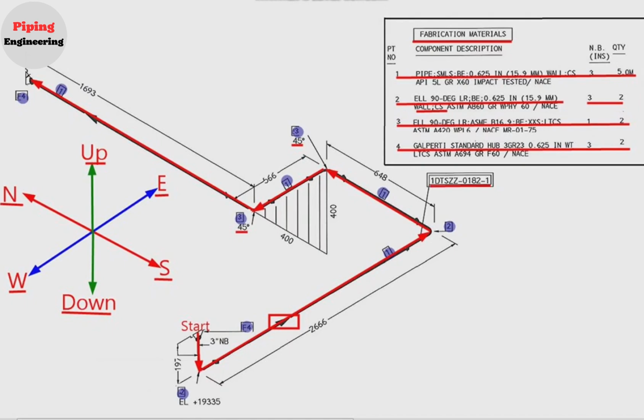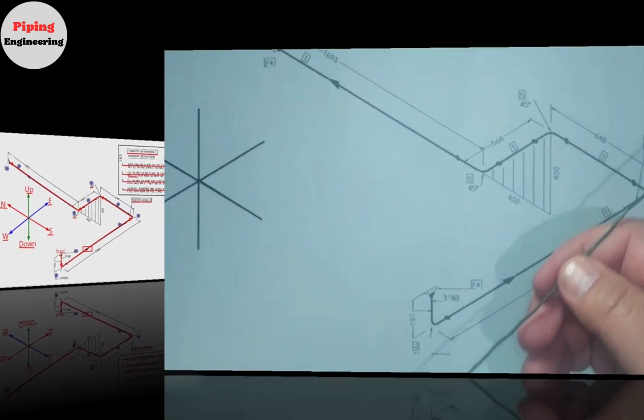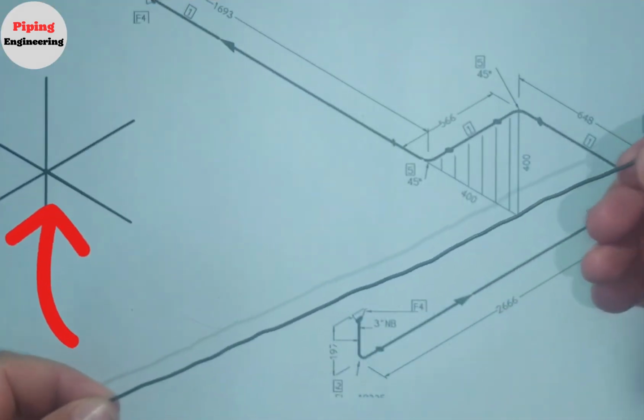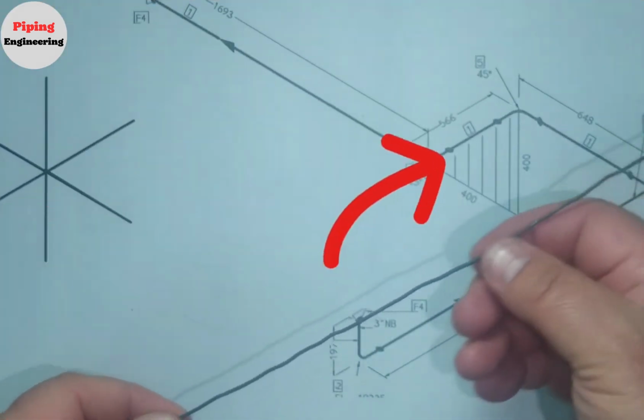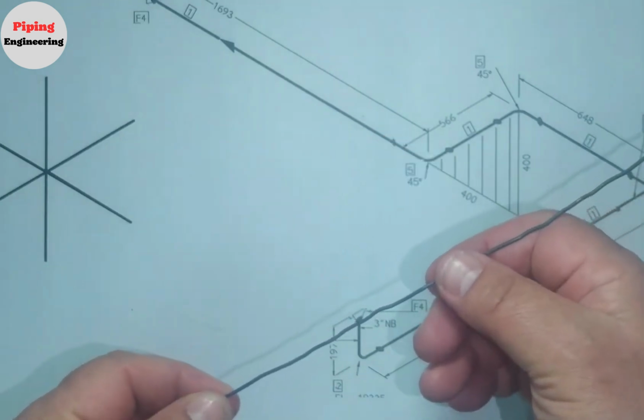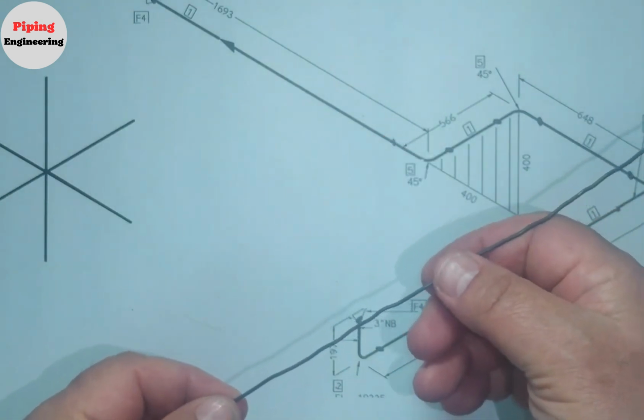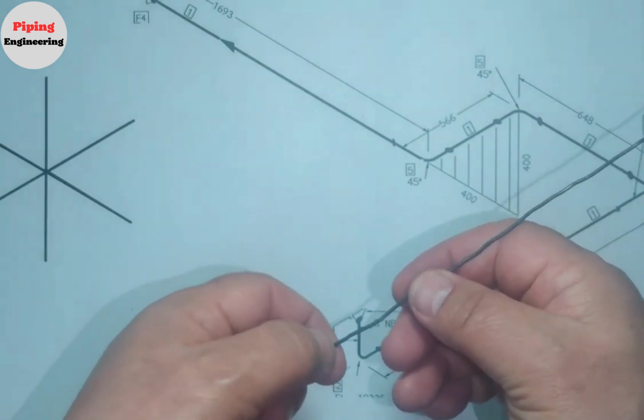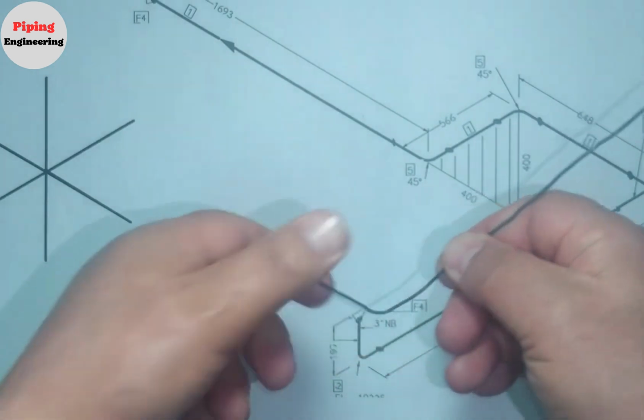Now let's bend the wire according to the rule we learned. This is our wire, the sketch showing these directions. This is the pipe isometric drawing. With the help of this sketch, let's bend the wire of the pipeline. Then the wire bending first to the east.